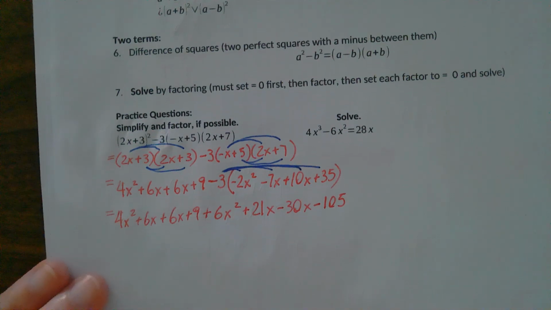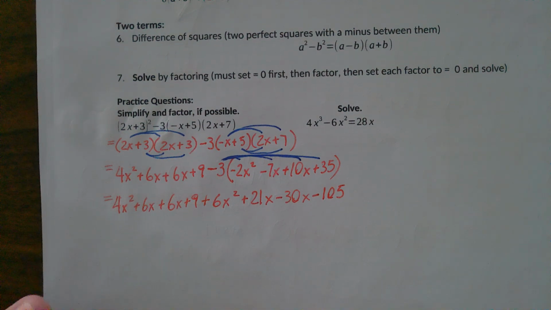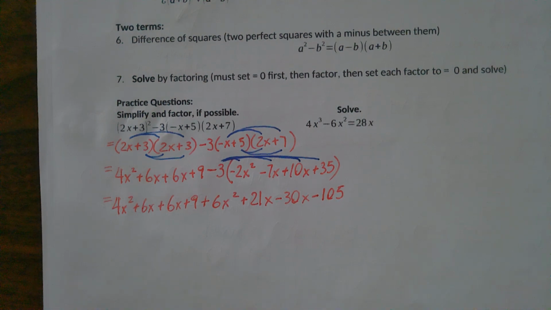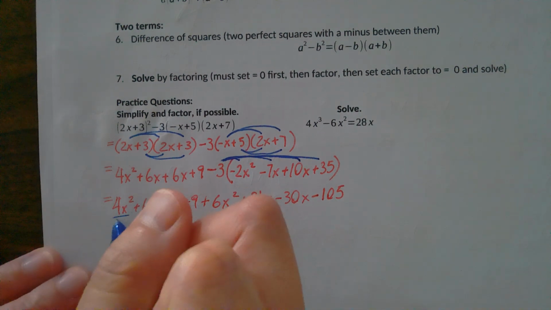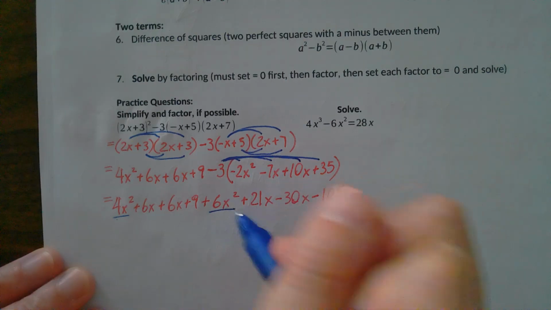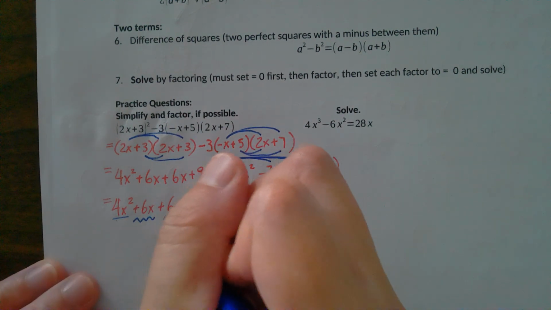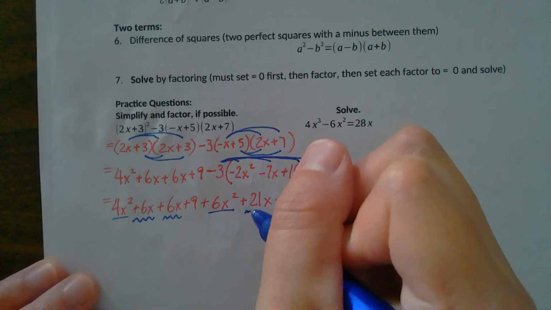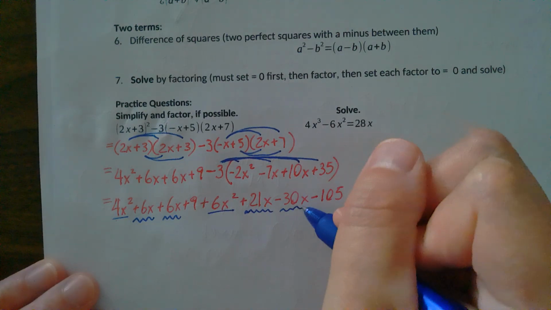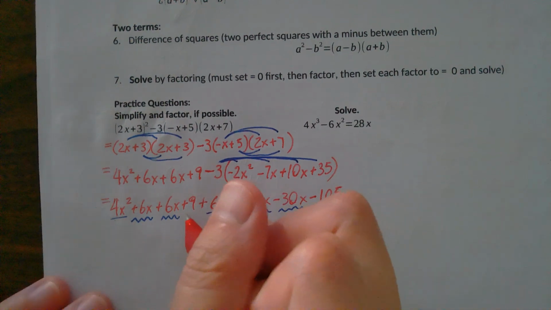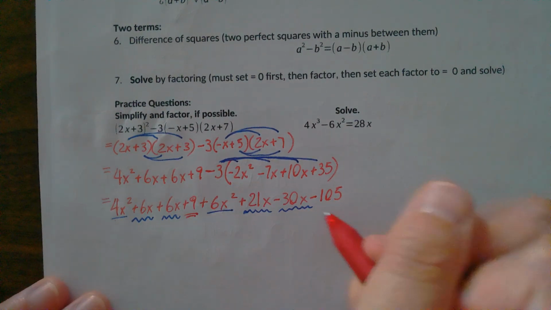-105. Okay. Am I done? No, not even close. I can collect like terms. I can group my pineapples together, which are these, my apples together, all the x terms, and then lastly, my oranges together.